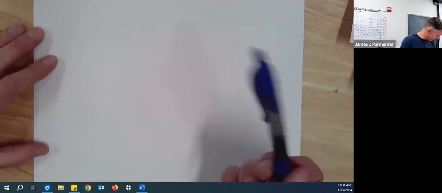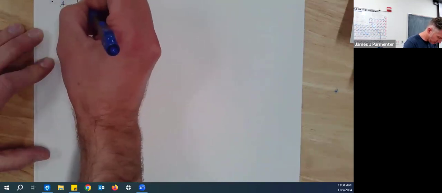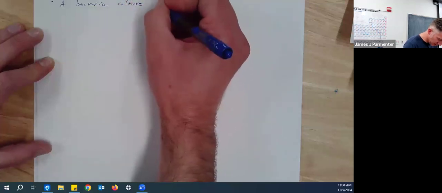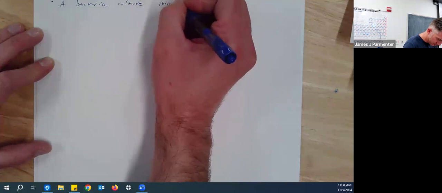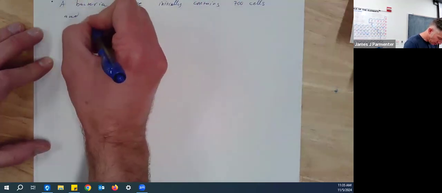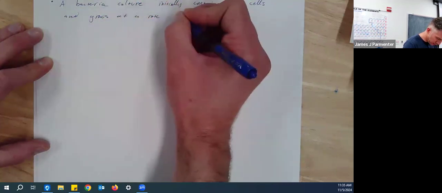I feel like I might have done this one. No, I don't think I did. So here is the following example. A bacterial culture, I'm not a biologist. A bacteria culture initially contains 700 cells and grows at a rate proportional to its size.